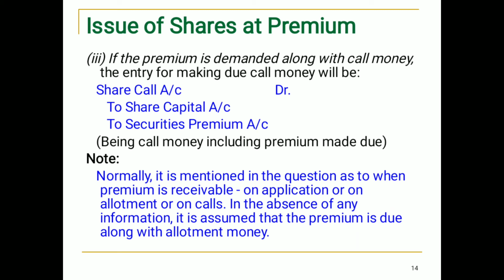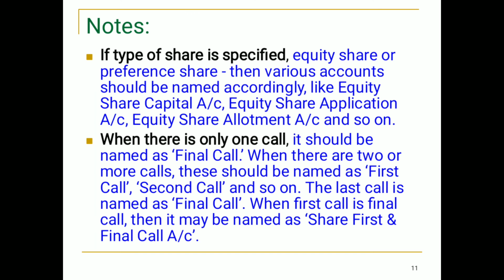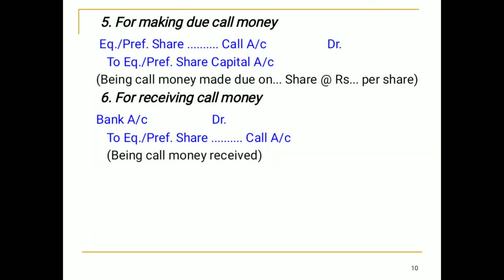Then, if the premium is demanded along with call money, what is the journal entry for making call money due? Again, let us see. We have understood this well. Yes, this is the journal entry for making call money due. It is share call account debit to share capital.